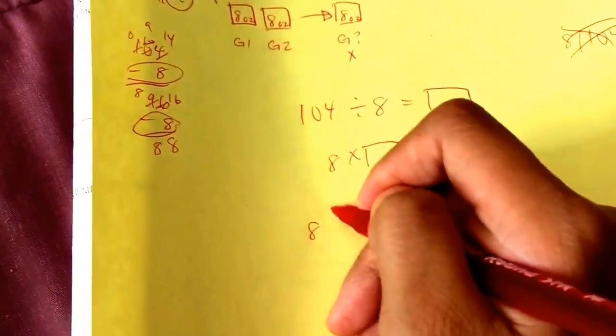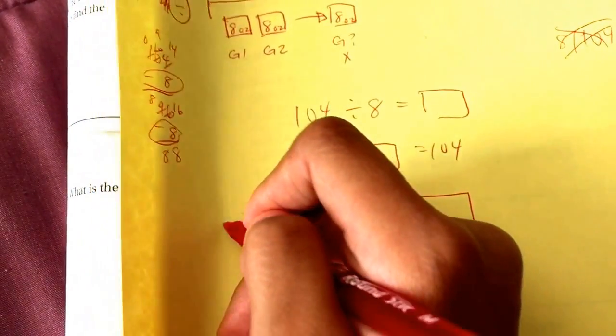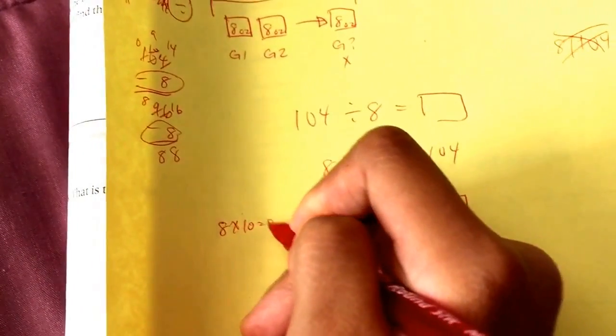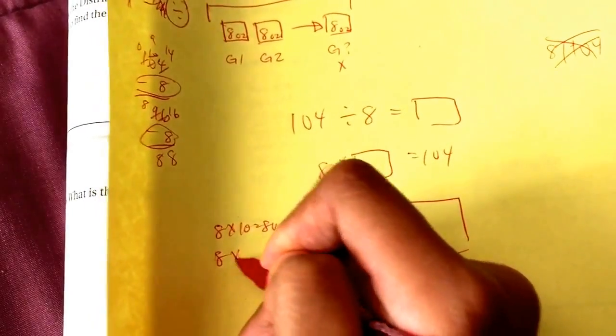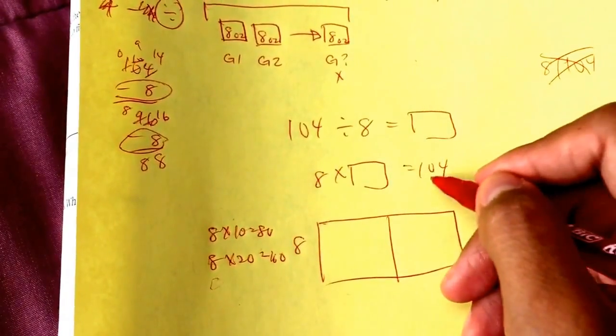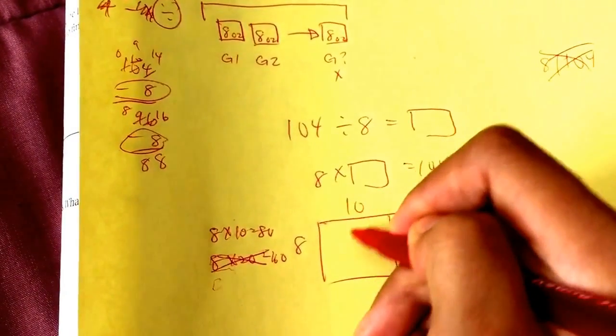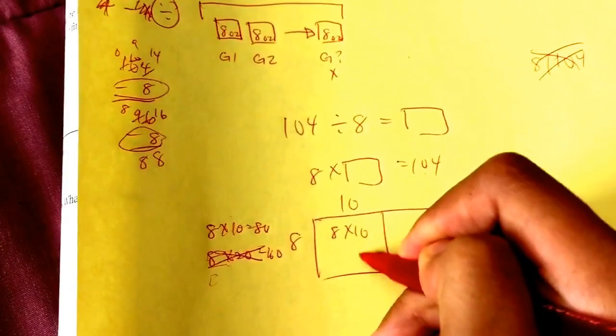And we're going to do the distributive property. We have 8 here. We're going to see 8 times 10 equals 80. 8 times 20: 8 times 2 is 16, plus a 0 is 160. We only have 104. Too much, we'll use 8 times 10. 8 times 10 equals 80.